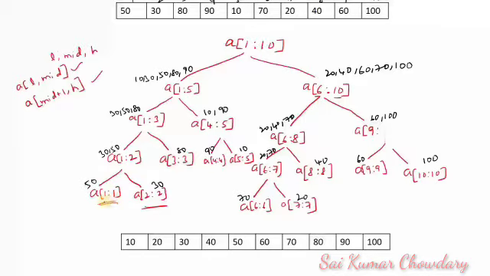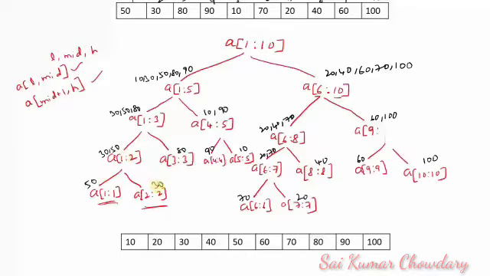Like this, after dividing, you can see a of 1 to 1 means the first element. What is the first element? 50. The second element is 30. Now after dividing, you are applying the method and sorting only these two elements, 50 and 30, and giving these values to this array.